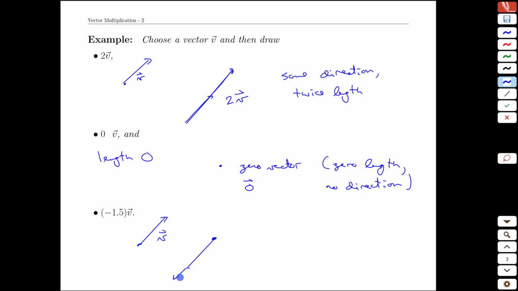That would be negative 1.5 times v there, 50% longer, or if you like, 1.5 times the length. But unlike the earlier calculation where we ended up in the same direction, we end up in the opposite direction. And that's how we would do these calculations of scalar multiplication with a vector graphically.